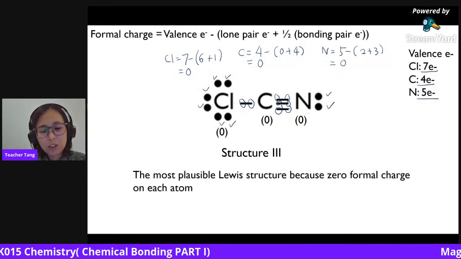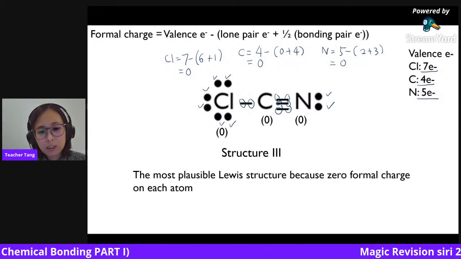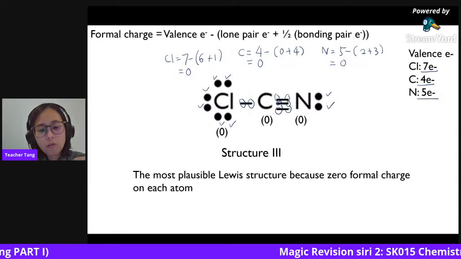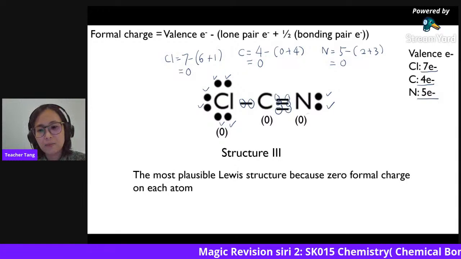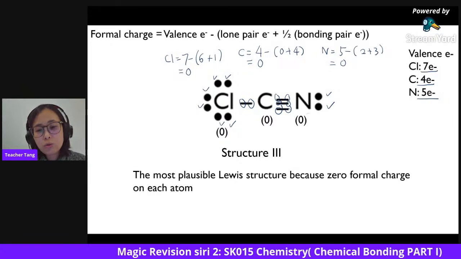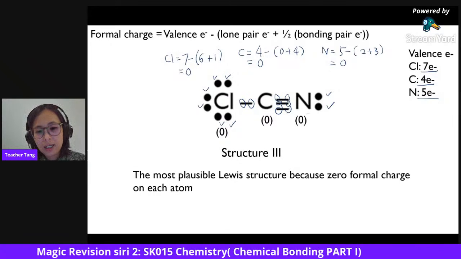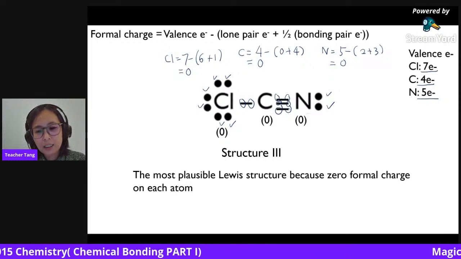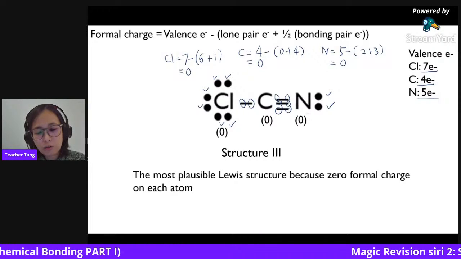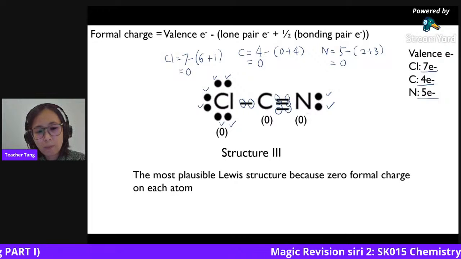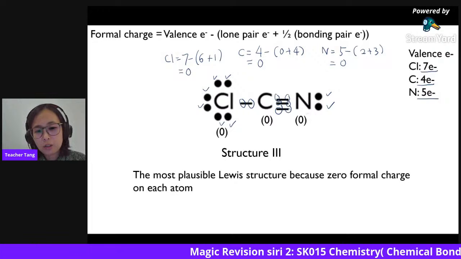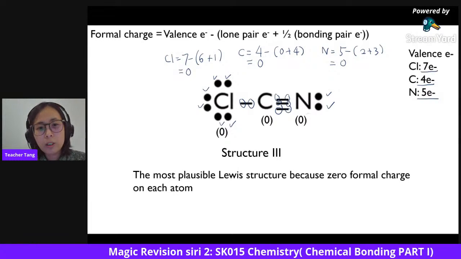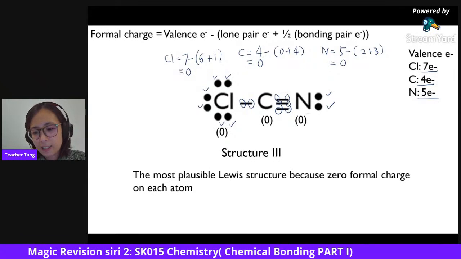So structure 3 is the most plausible Lewis structure because of 0 formal charge on each of the atoms. While for structure 2 and structure 1, the formal charge on each of the atoms is not as low as in structure 3. Structure 3 having 0 formal charge on each of the atoms, so this one is the most plausible Lewis structure for ClCN.